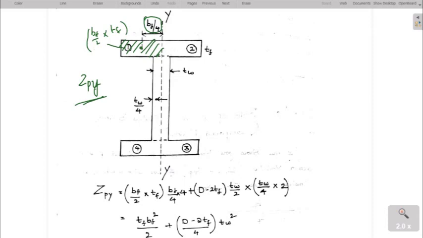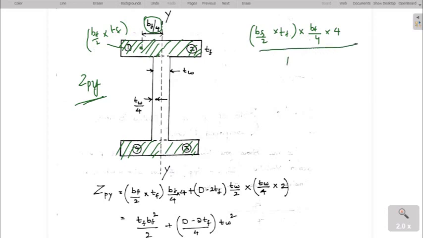So the moment of this area is BF/2 into TF area, into distance BF/4. But as you can see, there are 4 such areas, right? So into 4. So this is the moment of the flange.